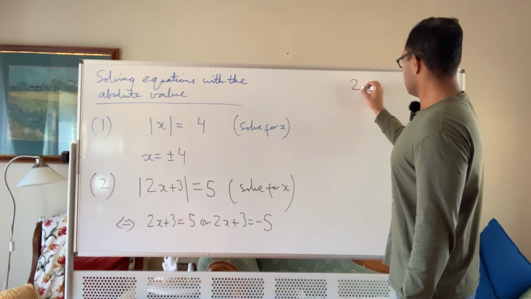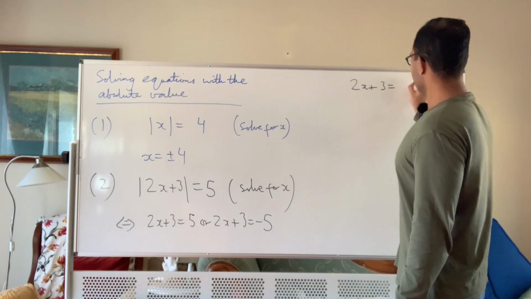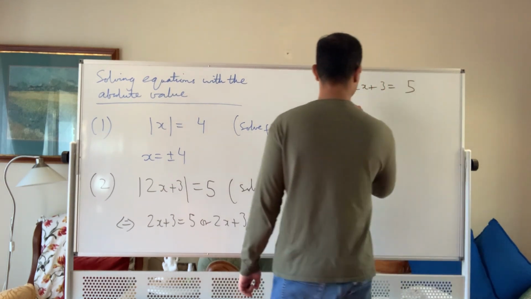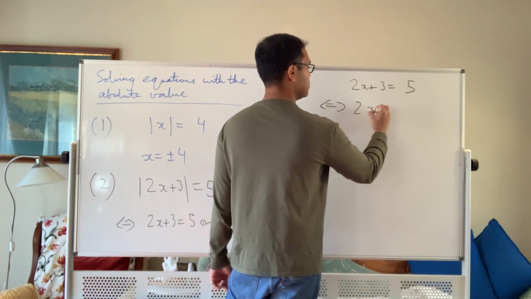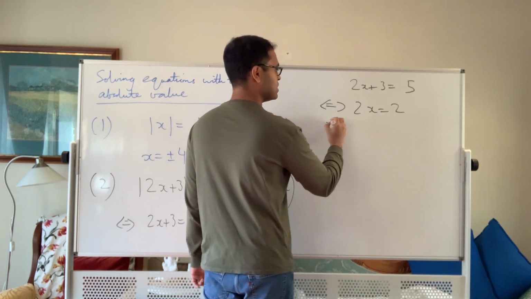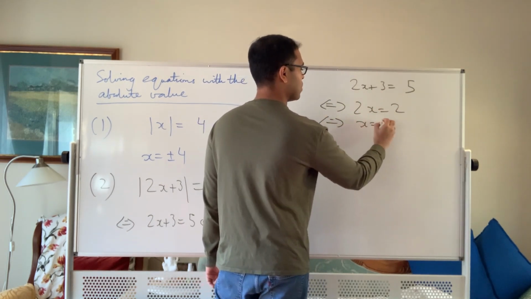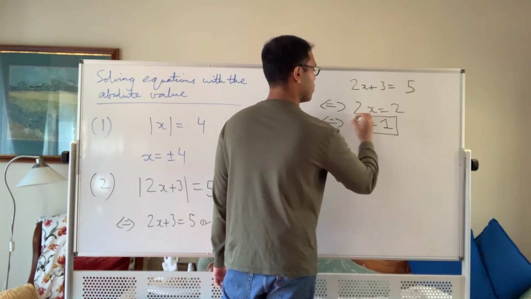So the first equation, 2x plus 3 is equal to 5. We can simply subtract 3 from both sides, and we're just going to get 2x is equal to 2, which is the same as saying that x is equal to 1. Okay, so that's solution number 1.